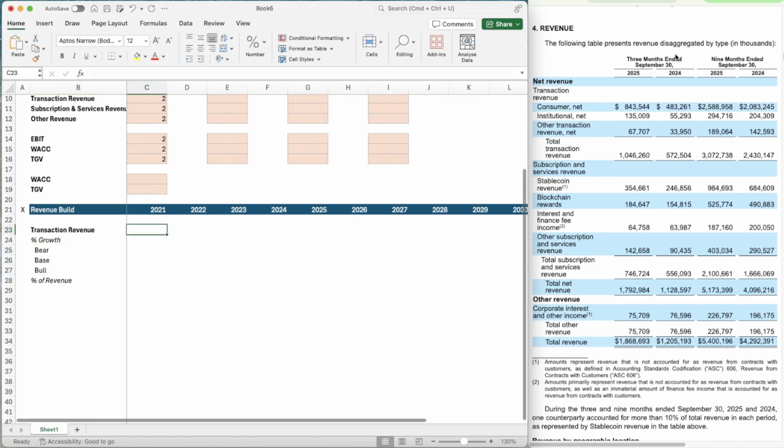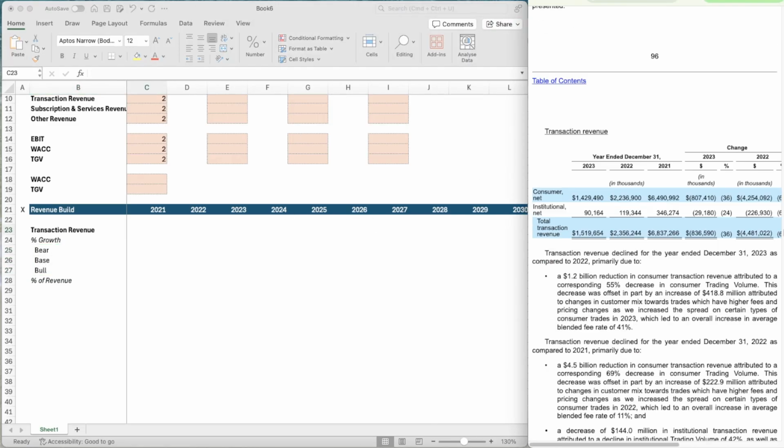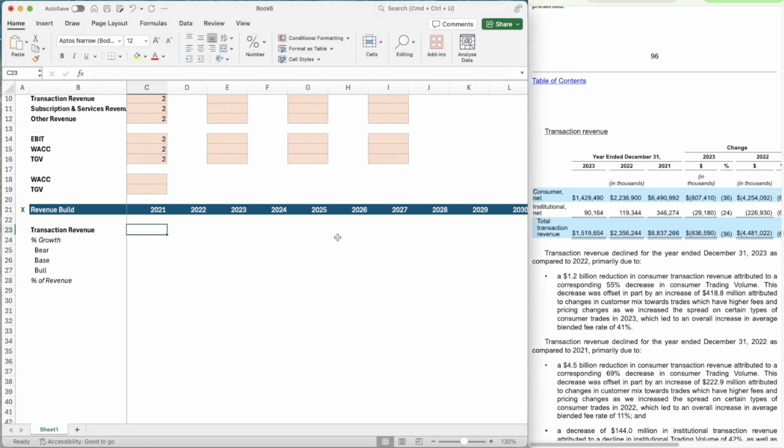Okay, we're good. Started. So come on to the first 10K, the oldest 10K. This is what we need. Wow, look at that. In 2021, obviously, there was the bull run, but 7 billion down to 2.5. That's a drop. So these are in thousands, but we're going to be doing this model in millions.